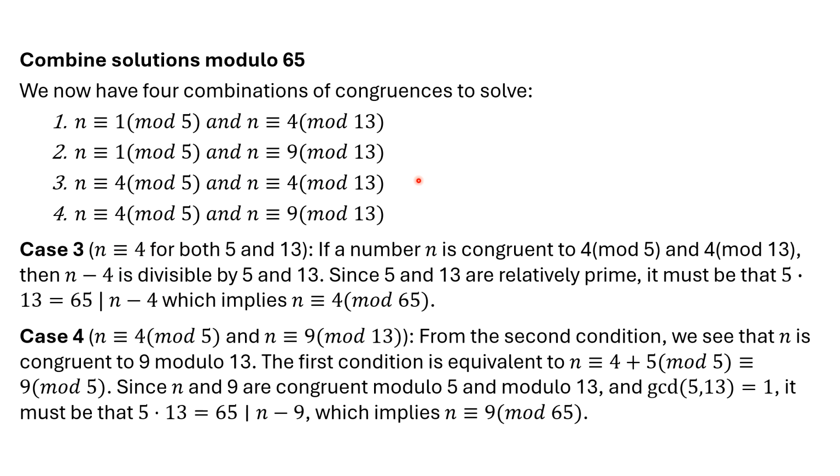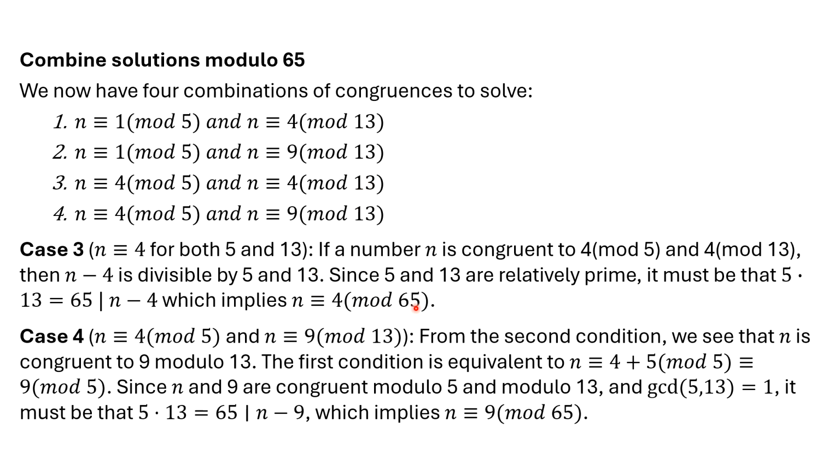We have n being congruent to 4 mod 5 and n being congruent to 4 mod 13. So that means that n minus 4 is congruent to 0 mod 5, and n minus 4 is also congruent to 0 mod 13.